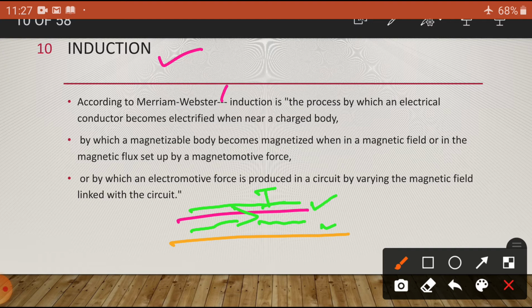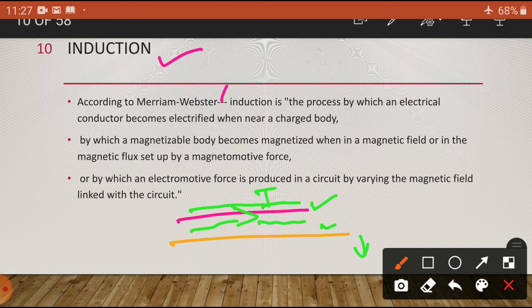Here this is a charged body and this is the electrified one. Or we can say that a magnetizable body becomes magnetized when in a magnetic field or in the magnetic flux set up by the magnetomotive force.